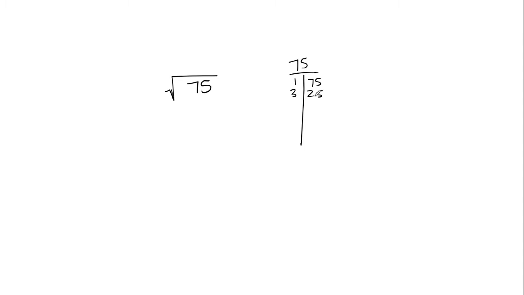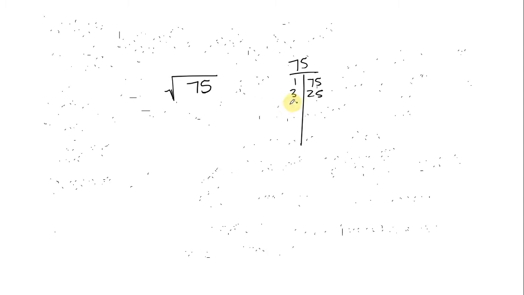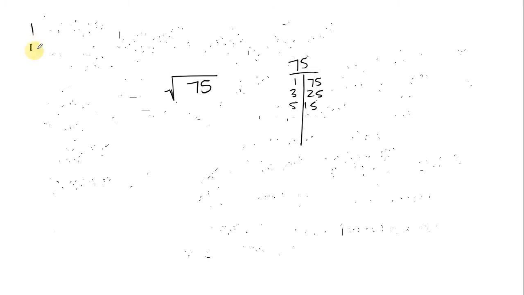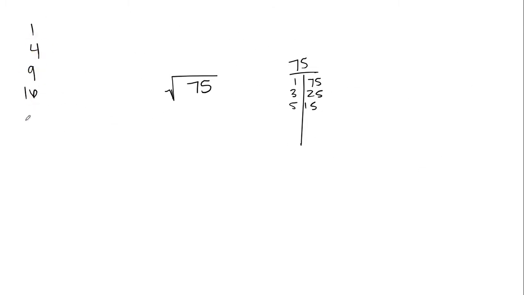I don't know if there's any more. Oh, of course, 5 and 15. And I'm trying to see, out of all the factors, which one is in my list of perfect squares, which is the highest in my list of perfect squares.